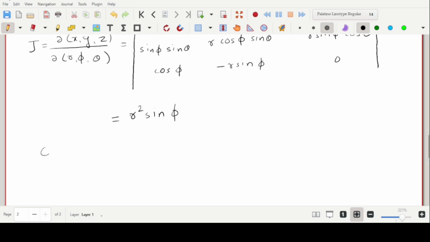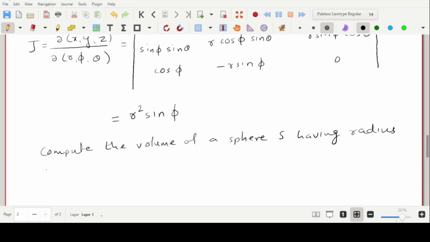Suppose we want to compute the volume of a sphere S having radius a, centered at the origin.